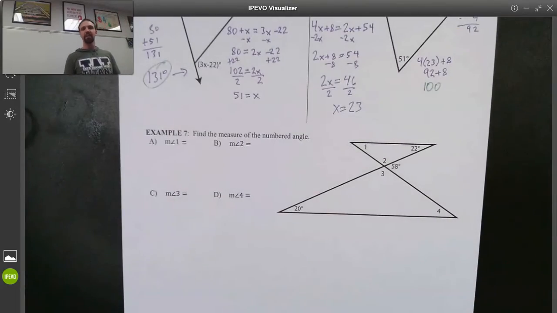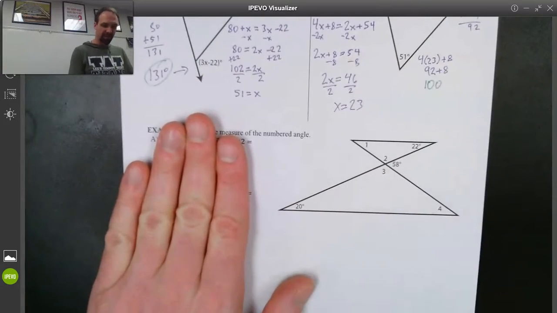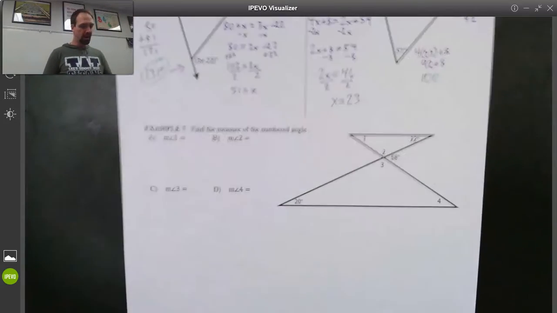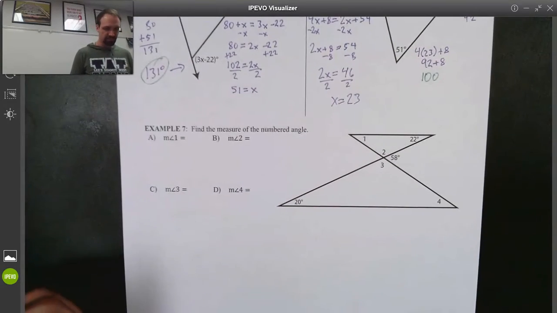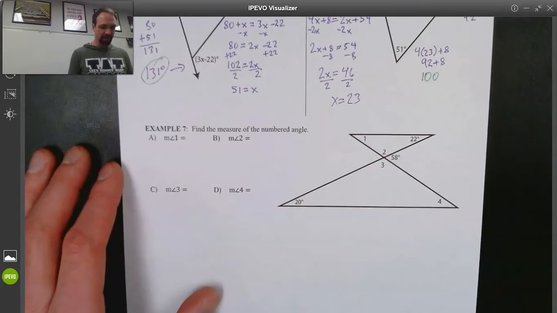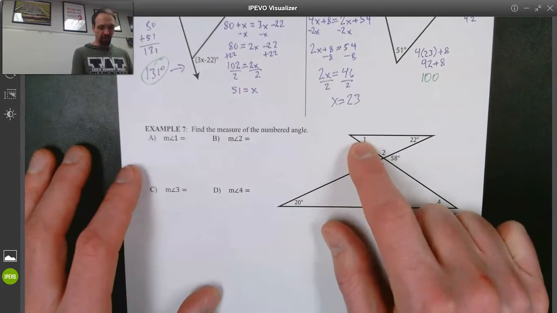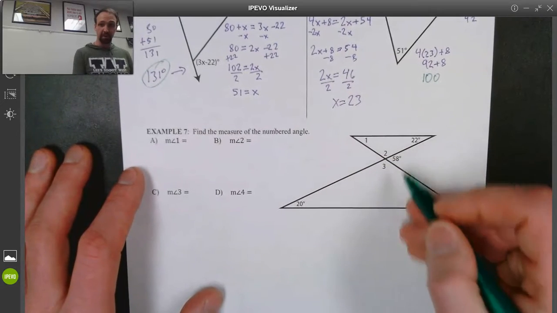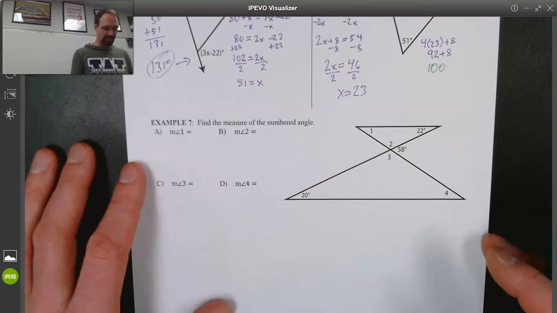Now for example 7, find the measure of the numbered angle. So we have to use pretty much a combination of everything that we've done so far. Instead of looking at this, I'm actually going to fill out this side, using things that we know. I know that the measure of angle 1 plus 22 degrees has to be 58 degrees.